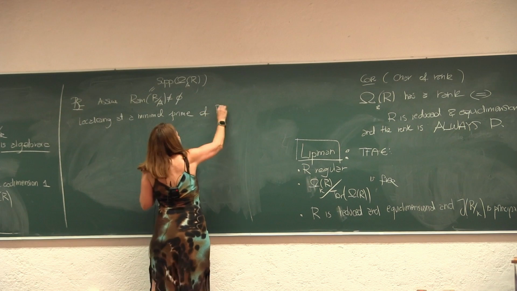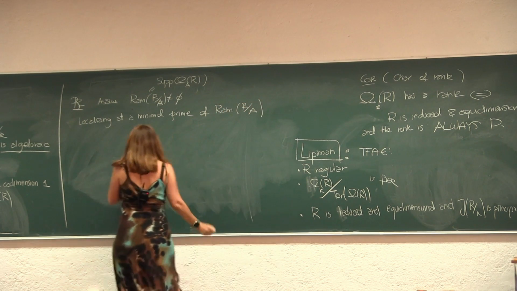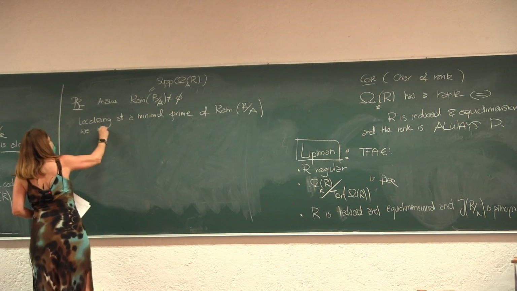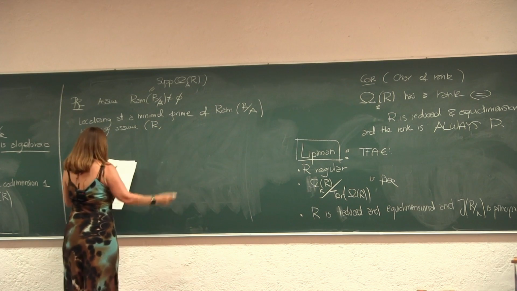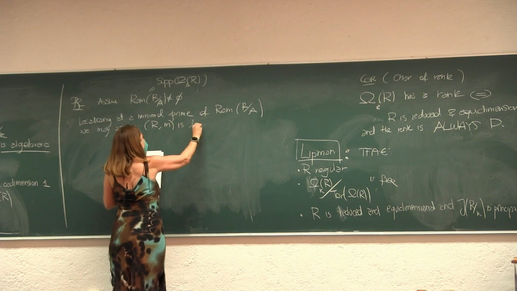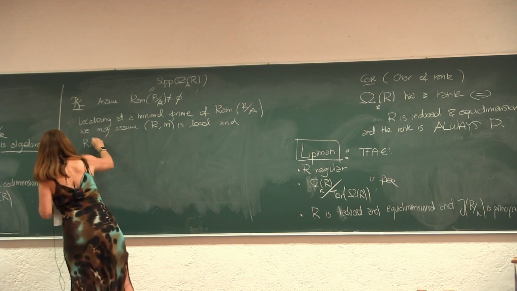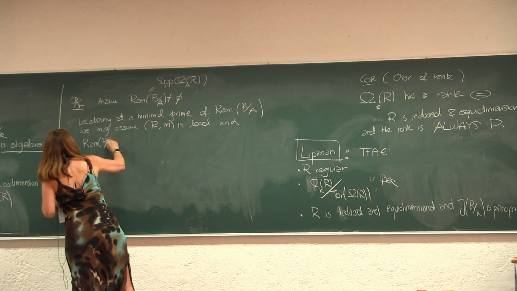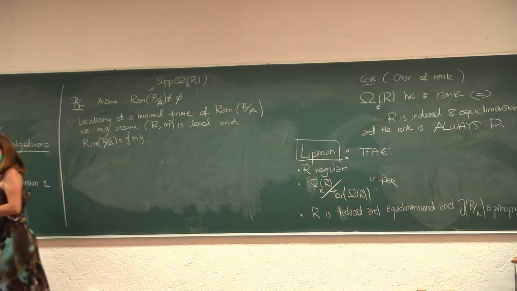So at the minimal prime of the ramification locus, we may assume that this ring is local and the ramification locus is the maximal ideal.